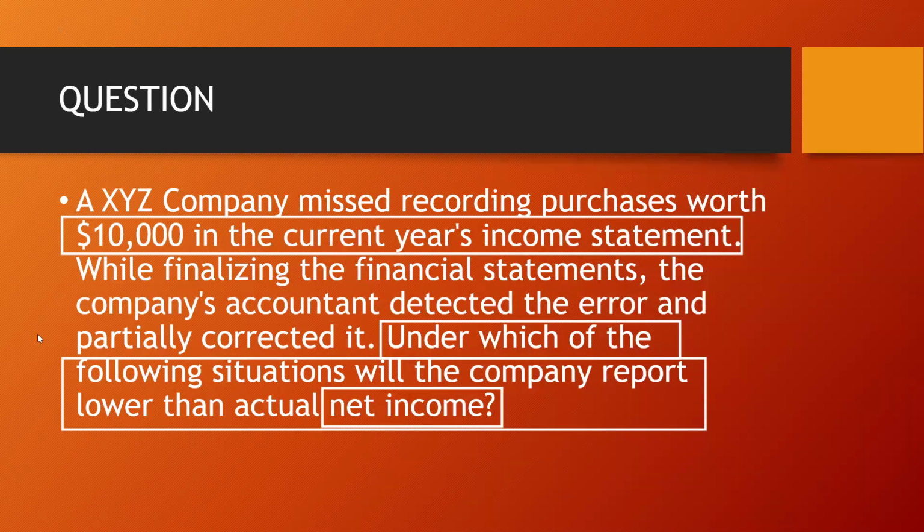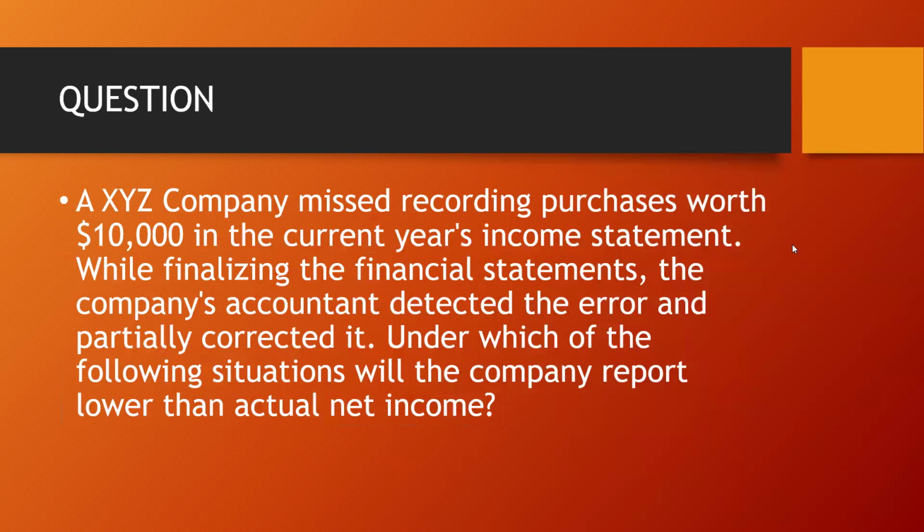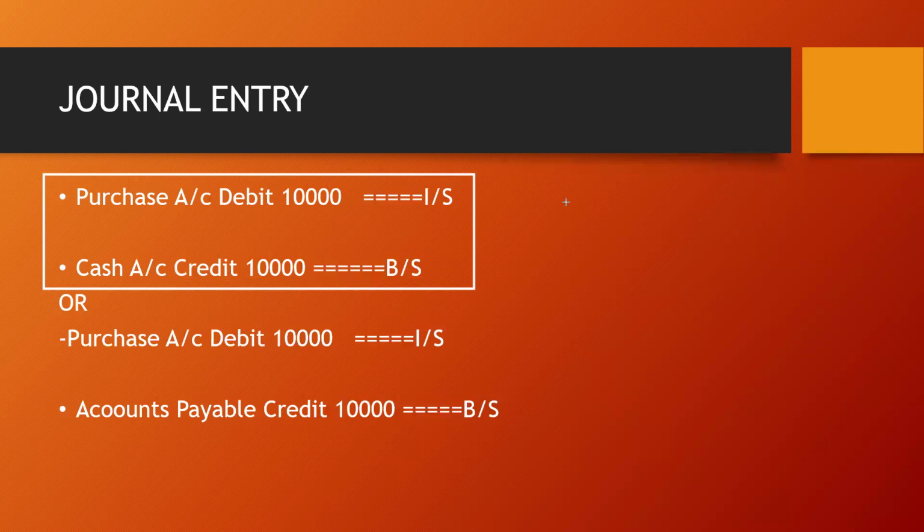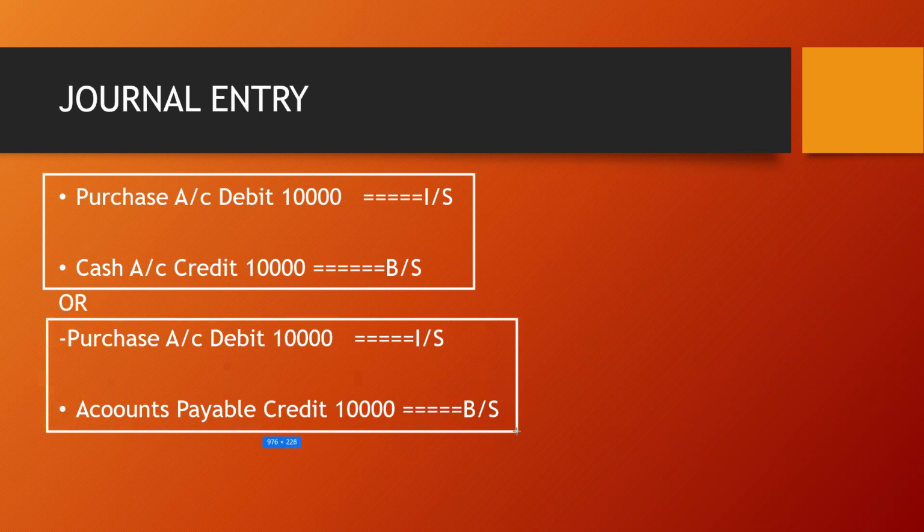Before that, let me show you the journal entries. There are two possibilities for the purchase. One is a cash purchase: purchase account debit $10,000 and cash account credit $10,000. Or else purchase account debit $10,000 and accounts payable credit $10,000.